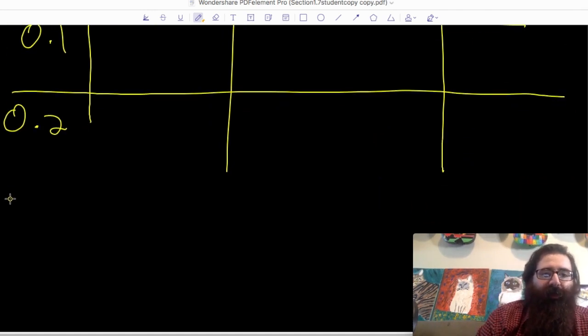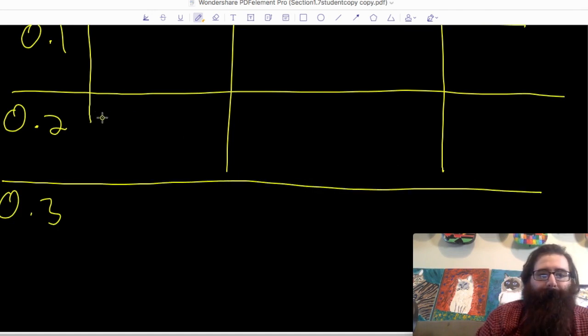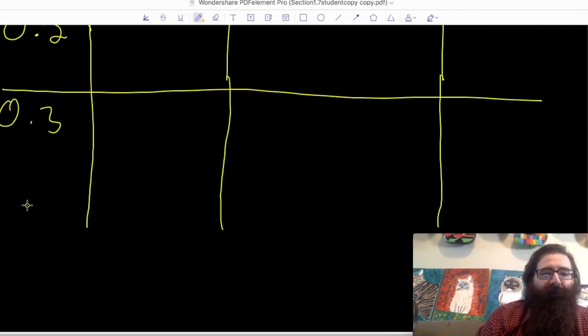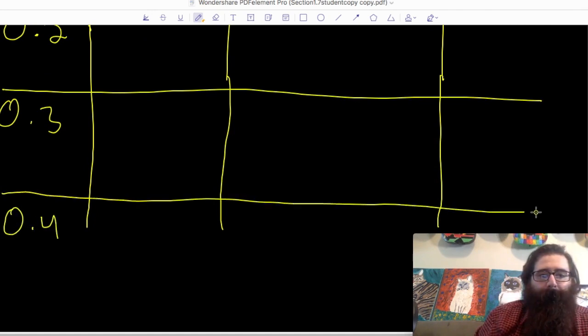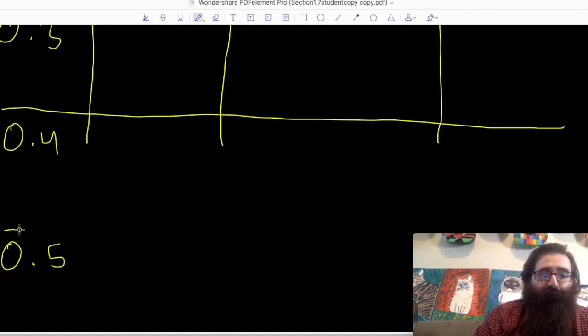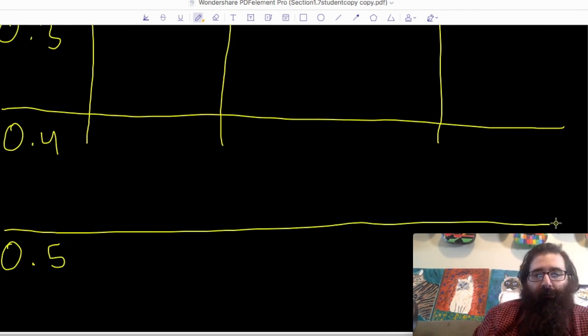Again, 0.3. Again, 0.4. And if I add h one more time, I get 0.5, which is where we're going to stop because we're only going from 0 to 1/2 in the x direction. That's as far as I'm going to have to go.